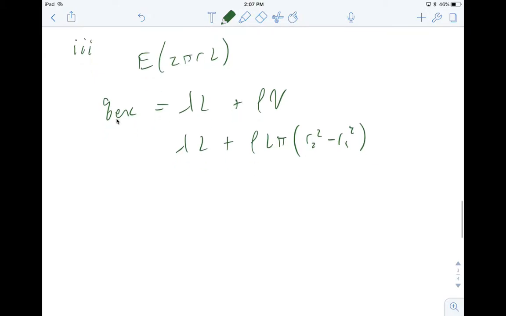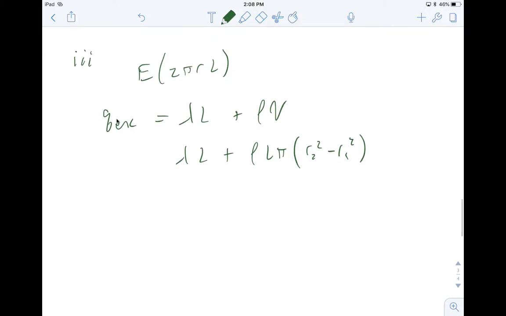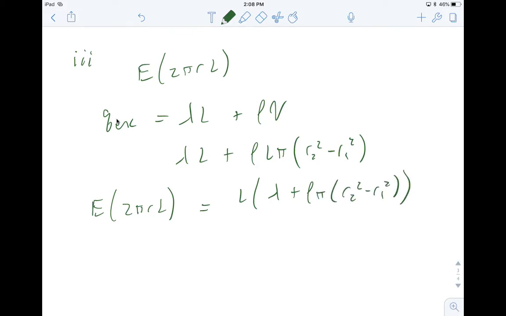So that's what that will look like. And then setting the left side equal to the right side, we have E 2 pi RL equals, factoring out an L again, L times lambda plus rho pi times R2 squared minus R1 squared, divided by epsilon naught.